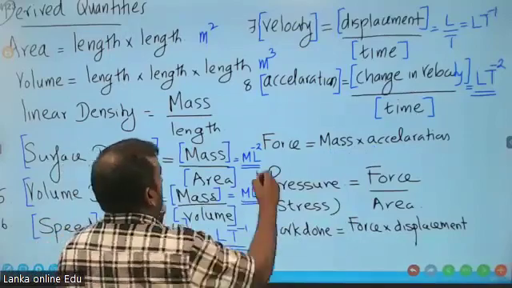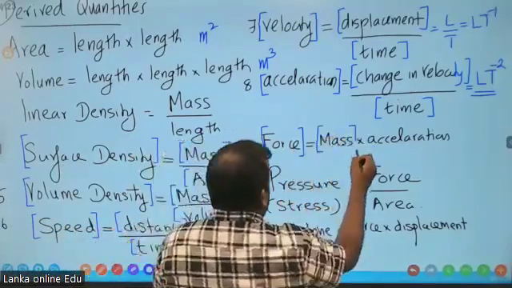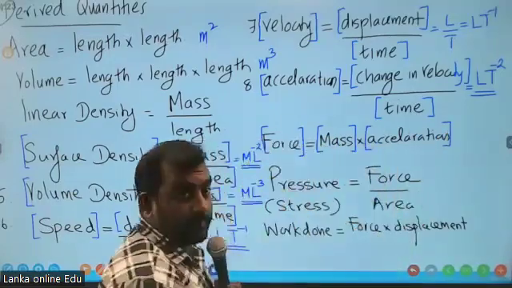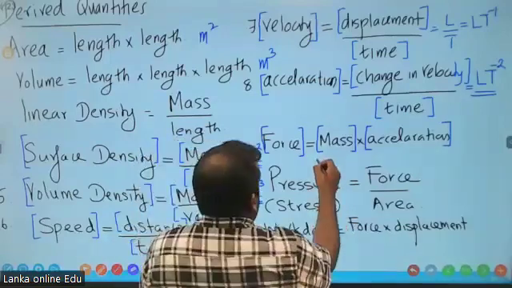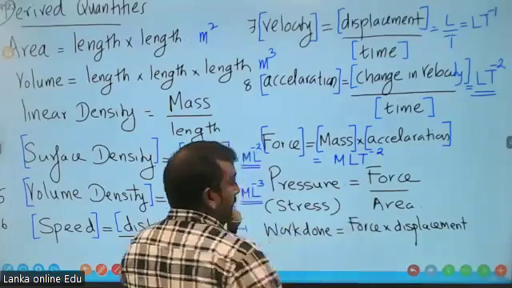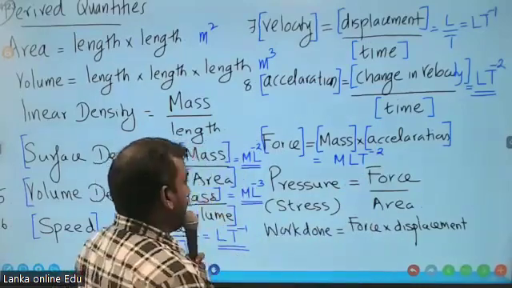Right. Force dimension. Very famous one, you should remember this. Mass into acceleration. Mass is M, acceleration LT minus 2, MLT minus 2. Clear? MLT minus 2.